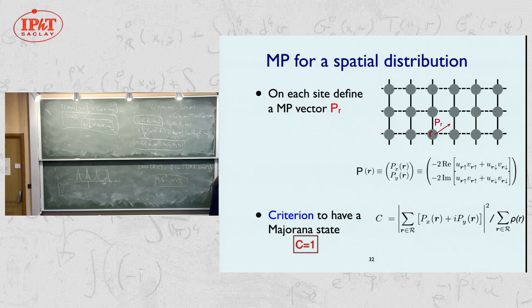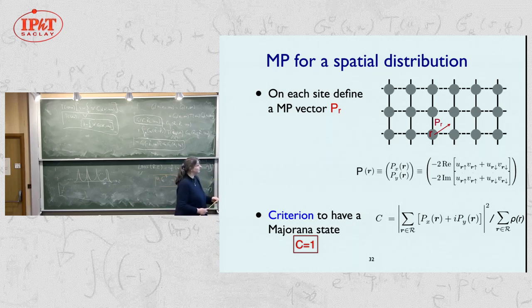And what I do, I define it on each site using the components of the wave function, which, like I was telling you before, for example in the tight binding diagonalization, are spit out by the computer when I calculate the eigenstates and the eigenvalues of a Hamiltonian. So on each site, I have this type of vector, which again relates to these products between the electron and the hole coefficients of the same spin. So this Majorana polarization is a spatially varying vector.